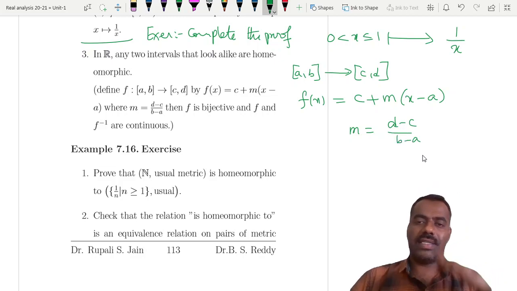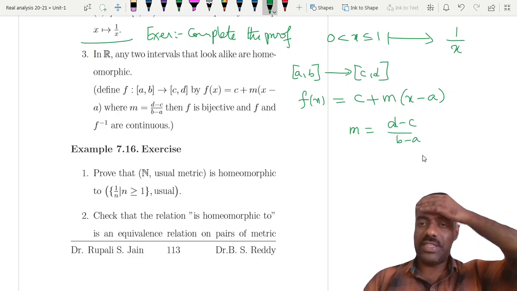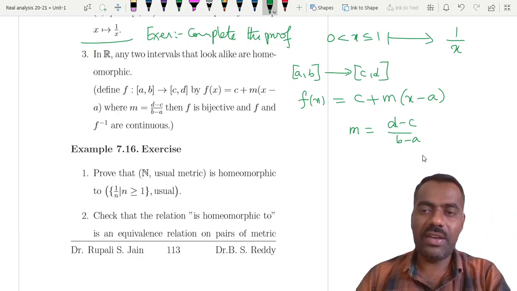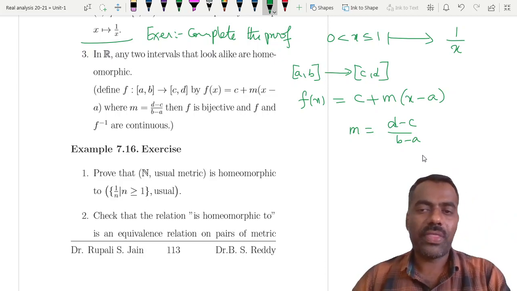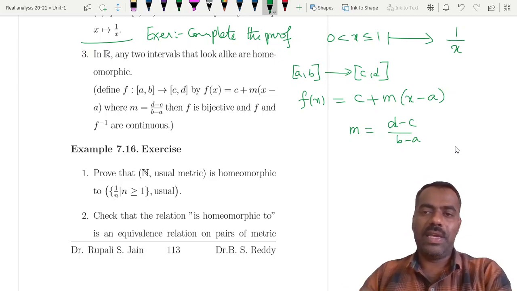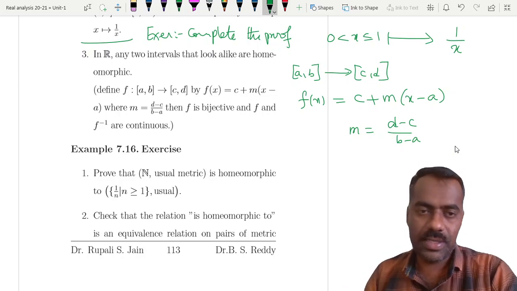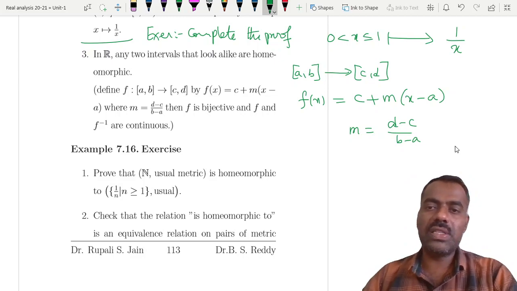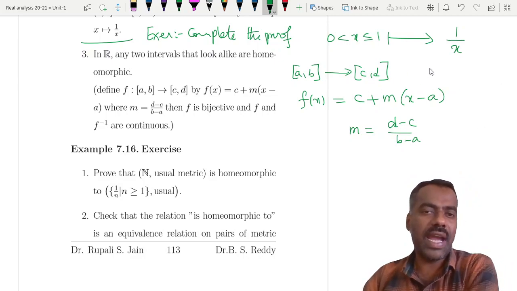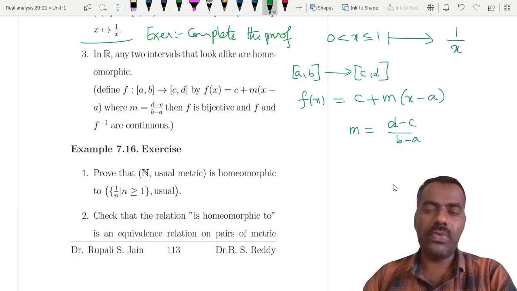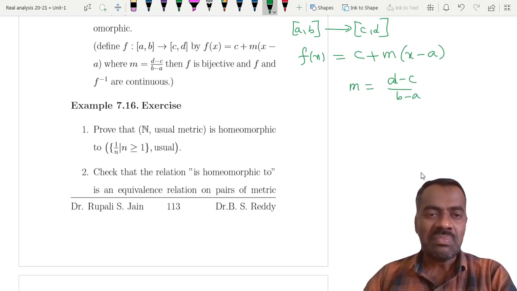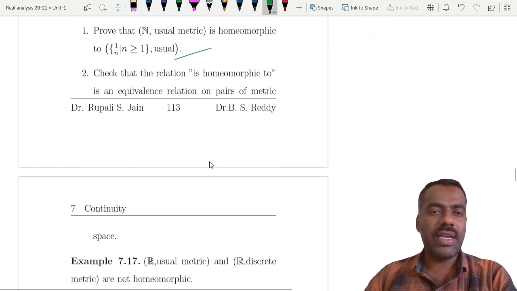If you take this, then first of all you can check that this f is well defined, and obviously f is continuous, as a polynomial. Find out f inverse and make sure that it is continuous too. So therefore any two intervals of the same kind are homeomorphic to each other. Some of the exercises I have given here, try to verify. If you are not getting them, you can ask.